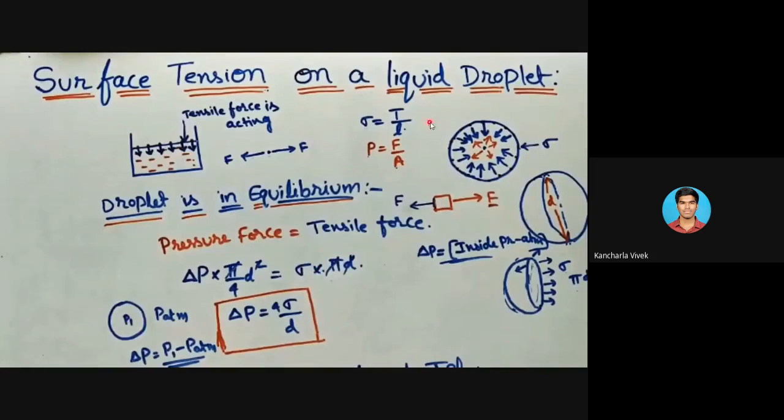First one is surface tension on a liquid droplet, where you draw these figures for your understanding, and then I'll share the slides with you for you to prepare the notes. So for a liquid droplet, always remember the change in pressure will be 4 times the surface tension acting over the diameter of the liquid droplet.